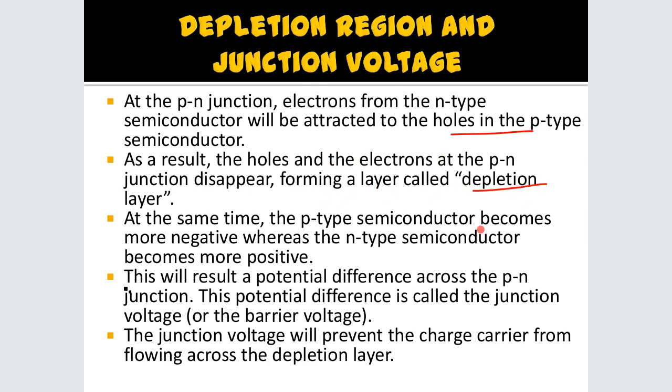We've talked about that. I've talked about the electrical imbalance. And that particular potential difference between P and N is what we call the junction voltage or barrier potential.